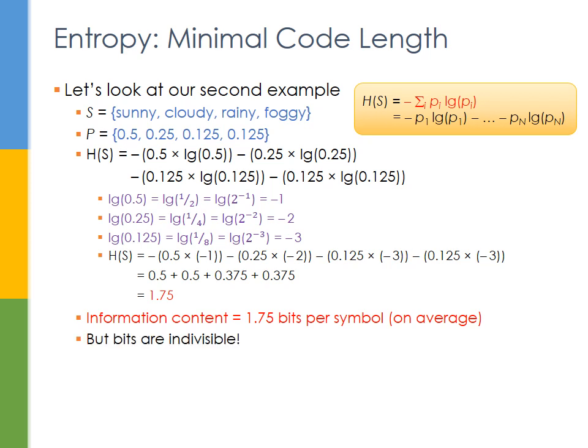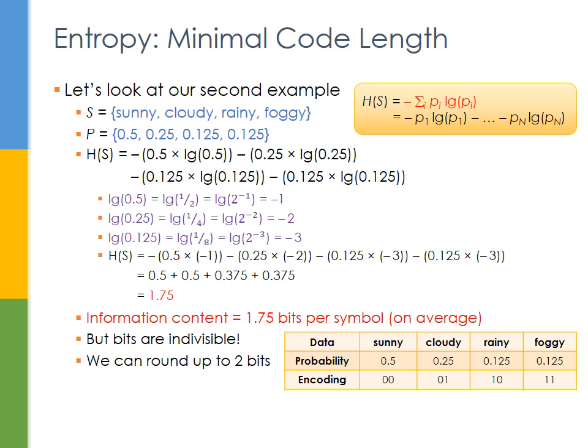However, bits, as we've mentioned before, are indivisible. So in other words, we can't use 1.75 bits for each of the encodings for the symbols in the set S. So we can obviously then just round this value up to 2 bits, meaning that we use 2 bits to represent each symbol in S, and we then get the following table.